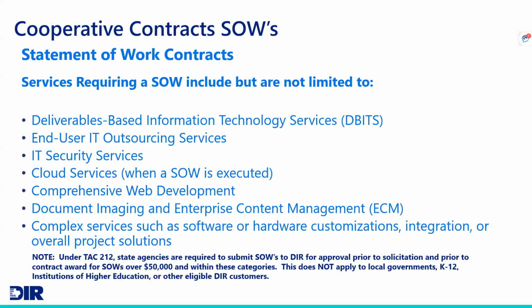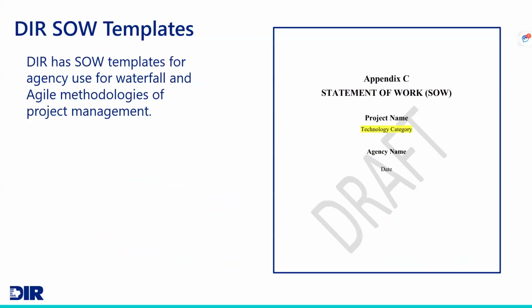Our other customers do not have to get those approved by DIR. There are templates available for you to utilize, and you will see those attached to each DIR contract. There are both waterfall and agile methodologies available. I'll talk a little more about those in just a couple of minutes.